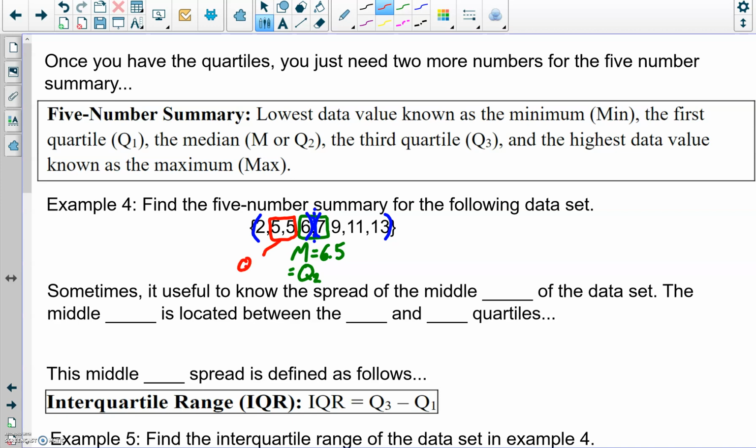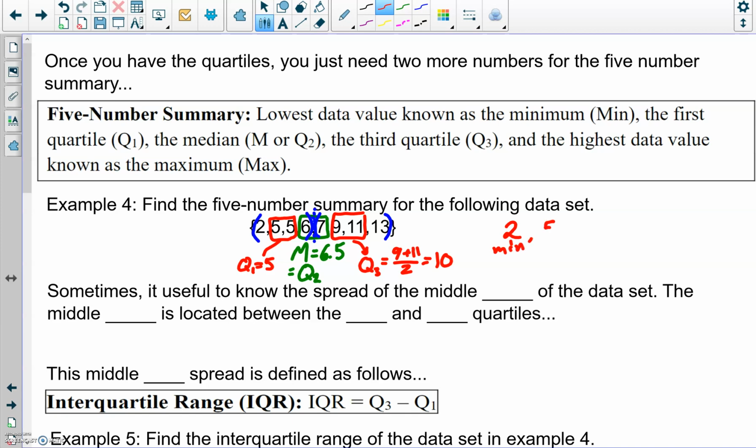So Q1 in this case, the average of 2 5s, is just going to be 5. And then for the second half, we have these 2. So Q3 would be 9 plus 11 over 2, or 10. So then the 5-number summary is going to be 2 for the min.